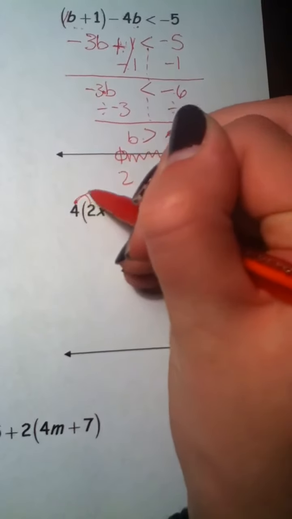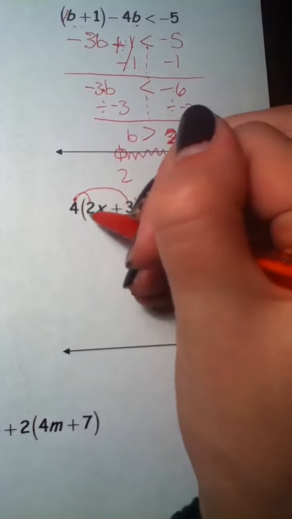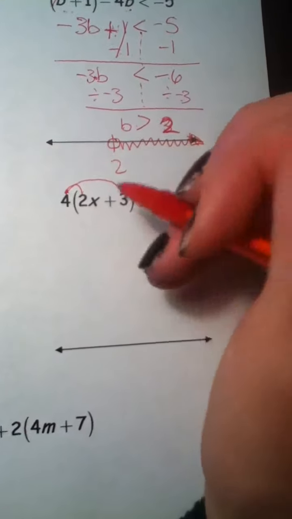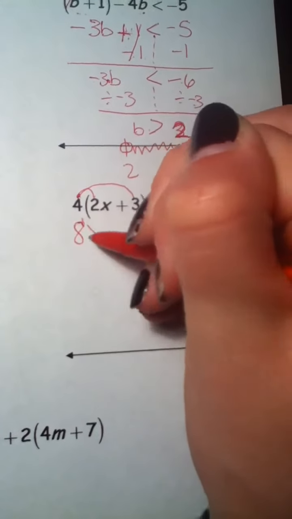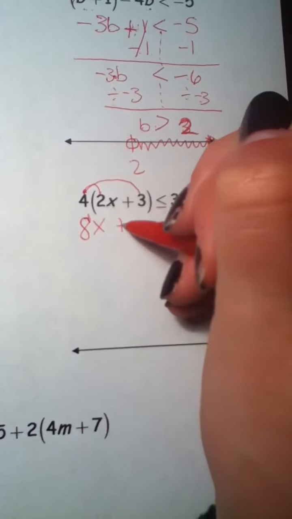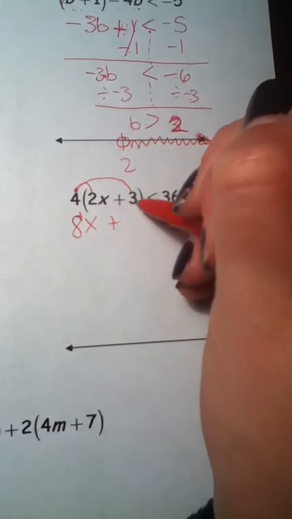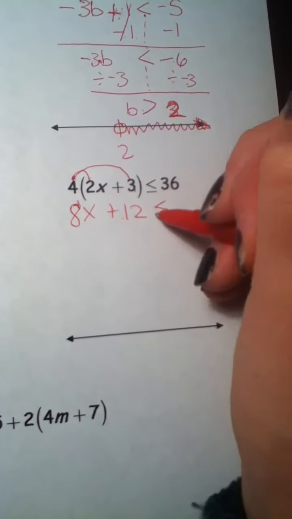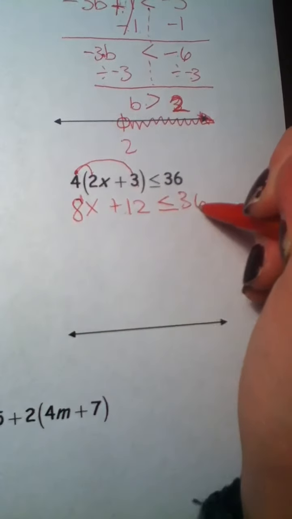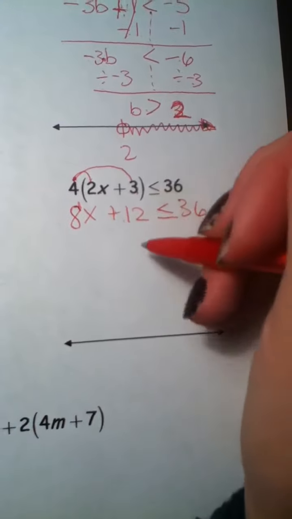Parentheses. Lights flashing. Huge signs saying distribute and multiply. 4 times 2x. 8x. Plus 4 times 3, 12. Less than or equal to 36. Now, decide what are we going to do first.